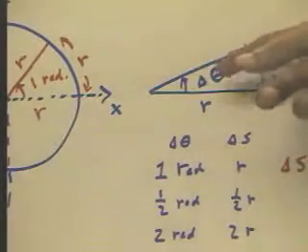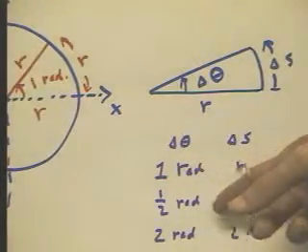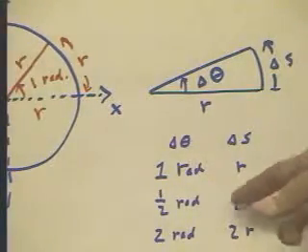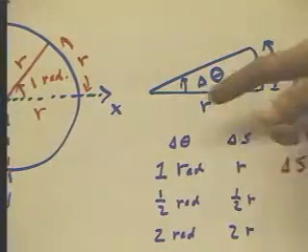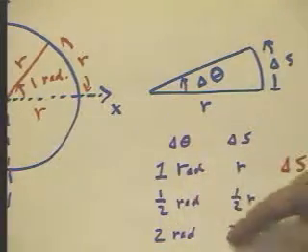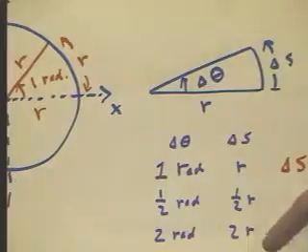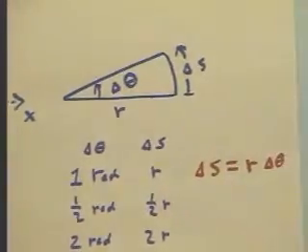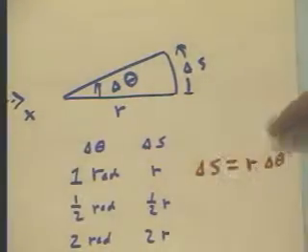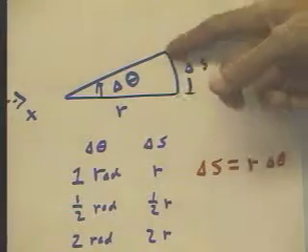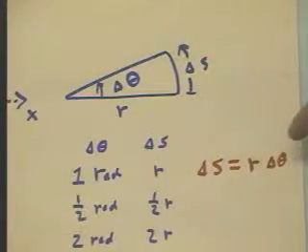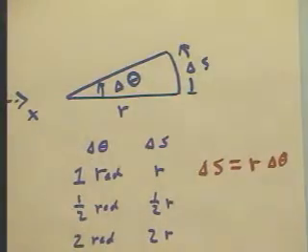Whatever delta theta is, if delta theta is half a radian, then we have half r. That's delta theta times r, isn't it? If delta theta was 2 radians, 2r would be just delta theta times r. So we can say in general that delta s, the arc distance along an arc, is the radius of the circle times our delta theta.